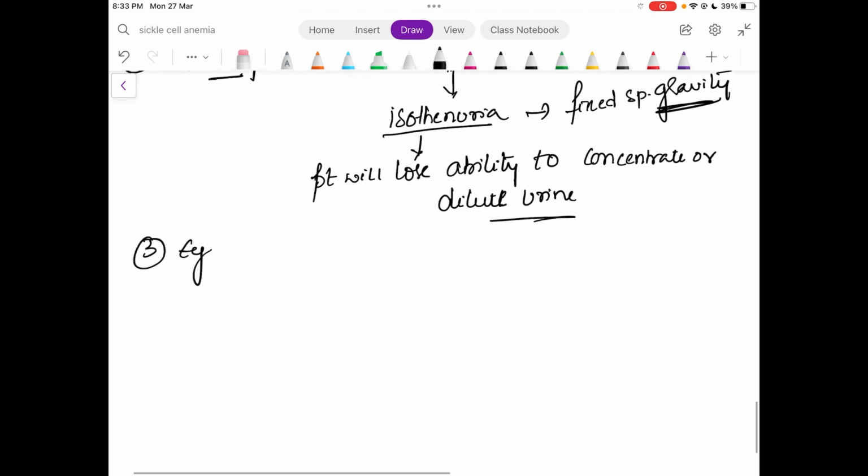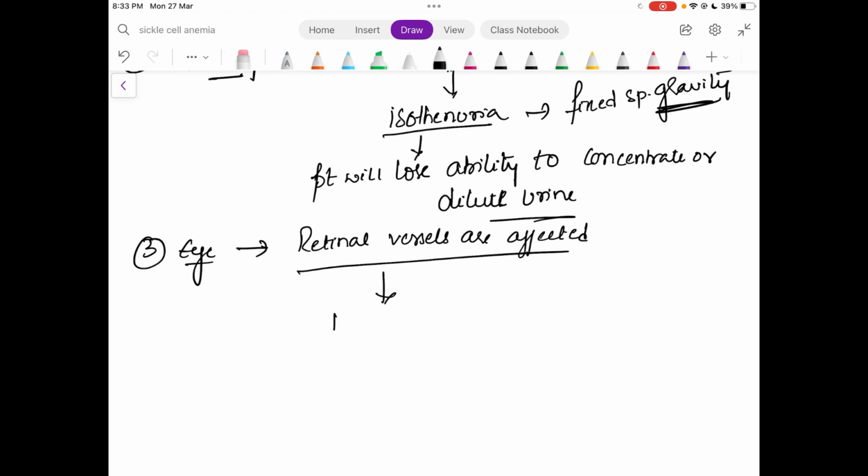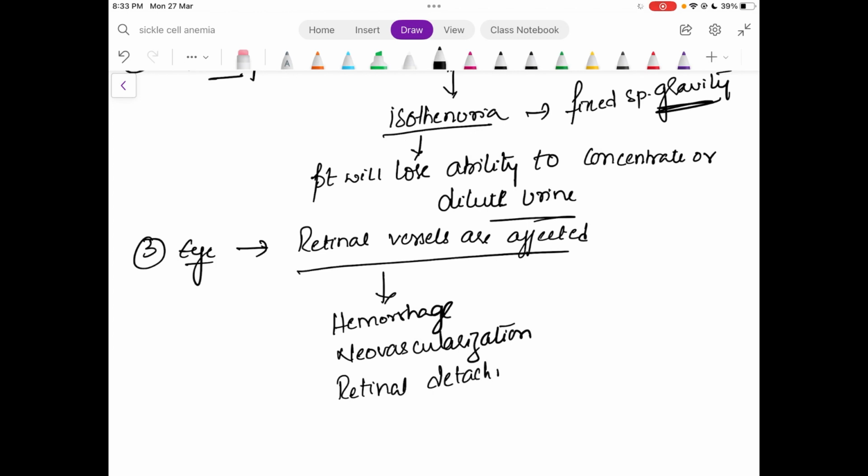The next organ is the eye. In the eye, retinal vessels are affected. That means the patient will have hemorrhage, neovascularization, and they can have retinal detachment.